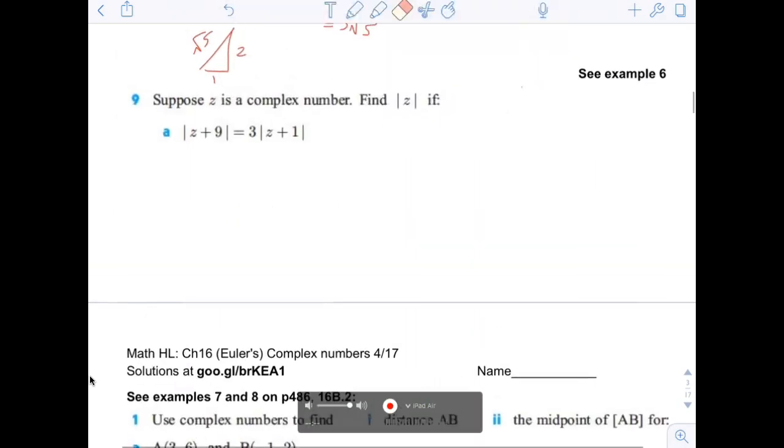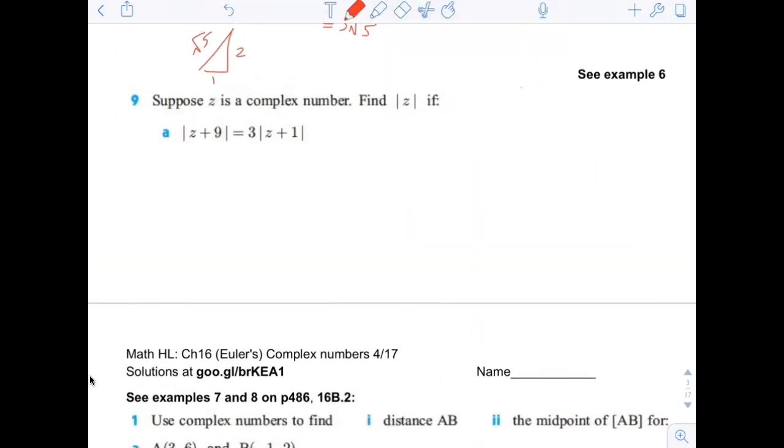Number 9. Suppose z is a complex number. Find the modulus of z if the modulus of z plus 9 is equal to 3 times the modulus of z plus 1. Remember that identity that the modulus of z squared is equal to z times z conjugate? So I think we can use that. Let's square both sides.